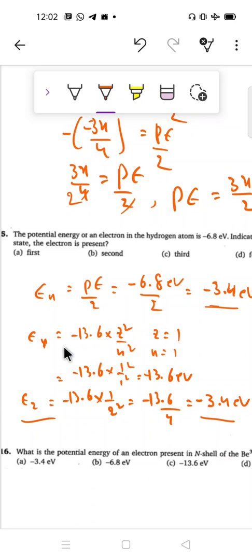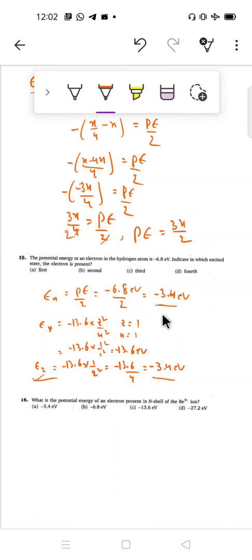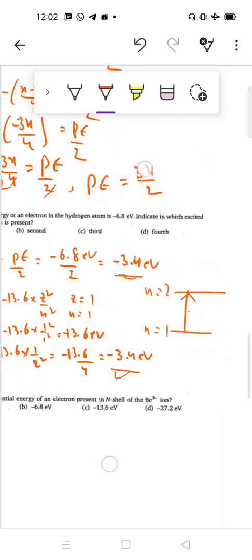From this calculation, you have to match this energy with the second level energy state. The second energy state energy matches this value. We can say the ground state means n is equal to 1, and n is equal to 2 is the first excited state. This is known as the first excited state energy.